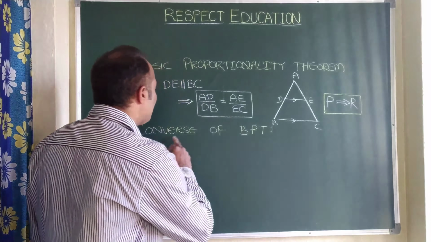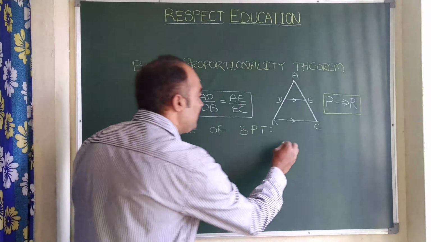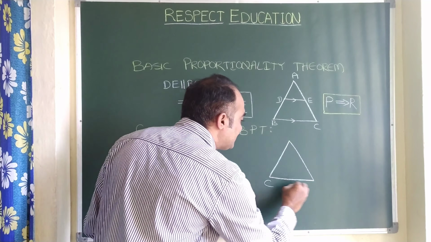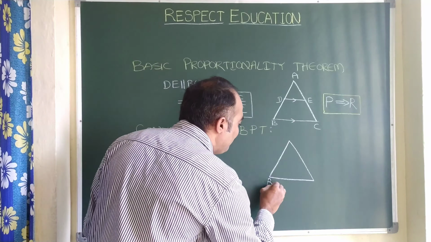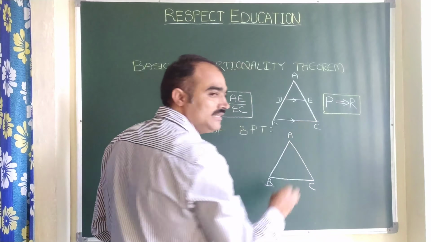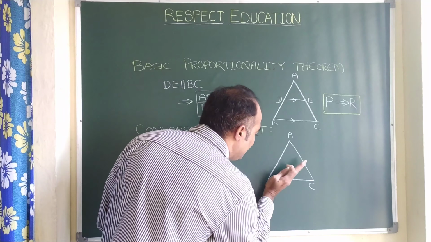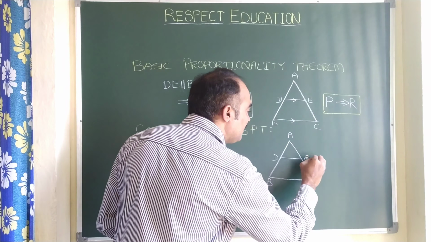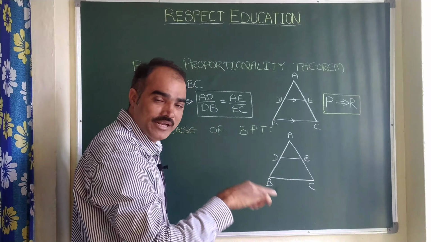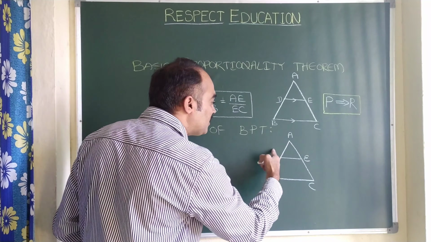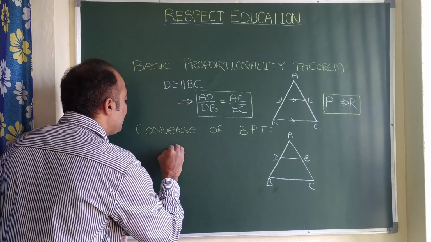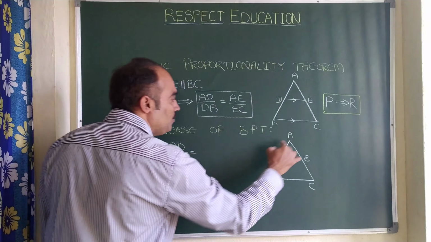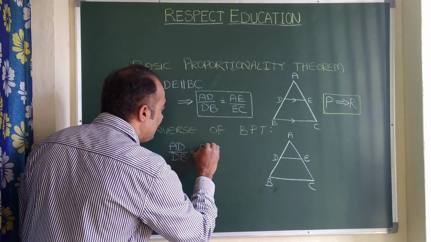Now if we come to the converse of BPT, if a line DE divides AB and AC in the same ratio, here we should take the ratio first: AD by DB is equal to AE by EC.